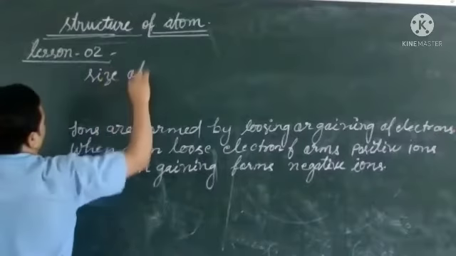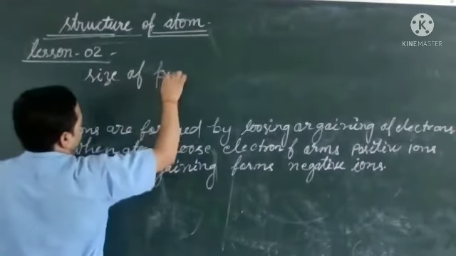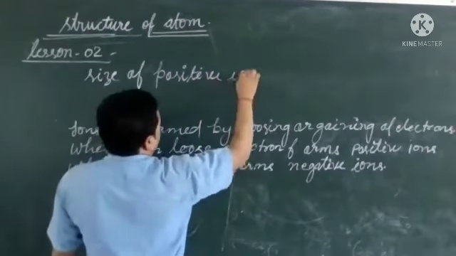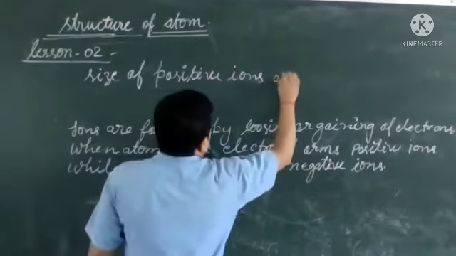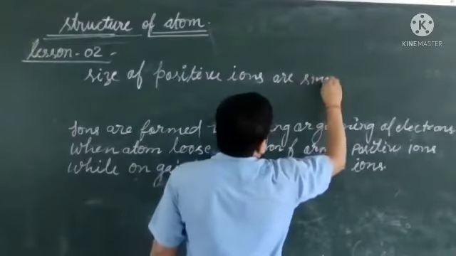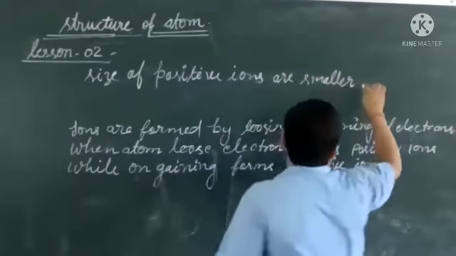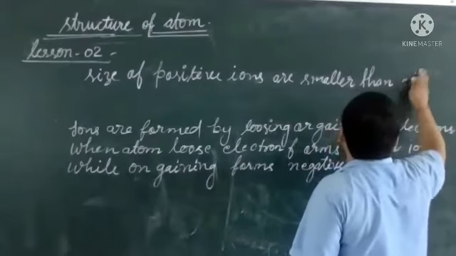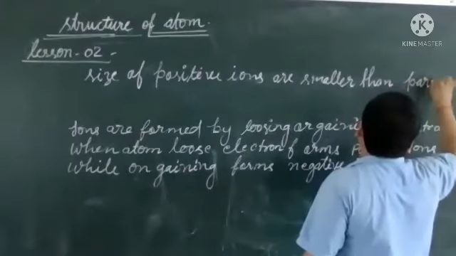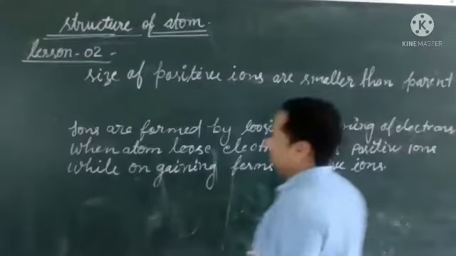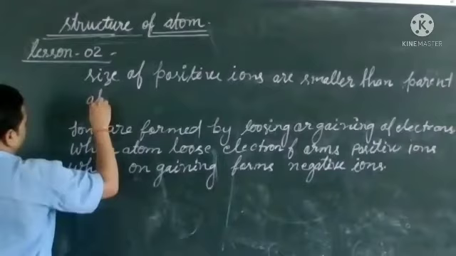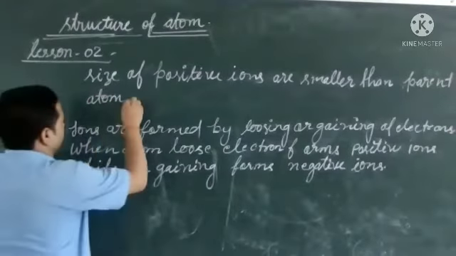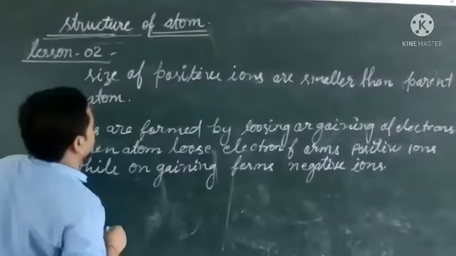The size of positive ions is smaller than the parent atom. This is a very important one.